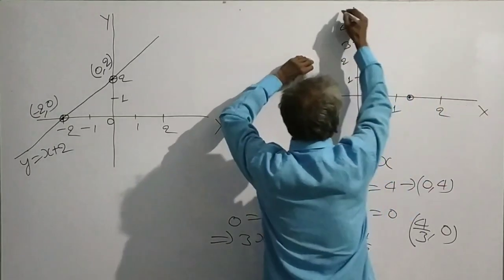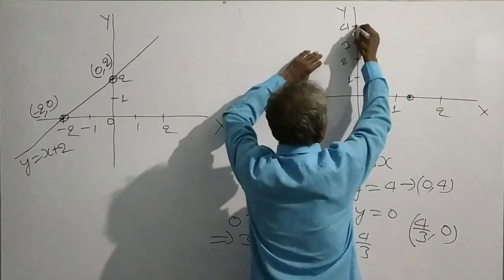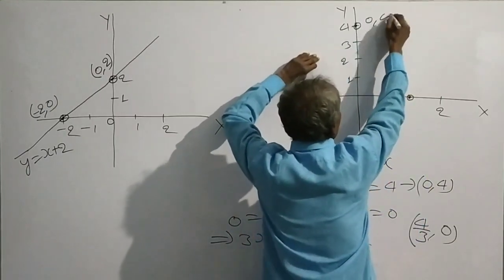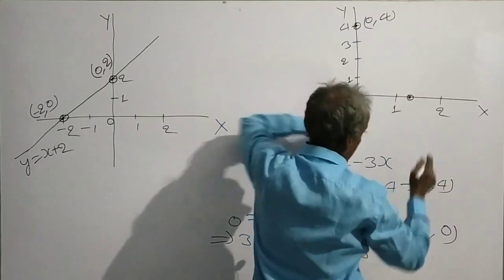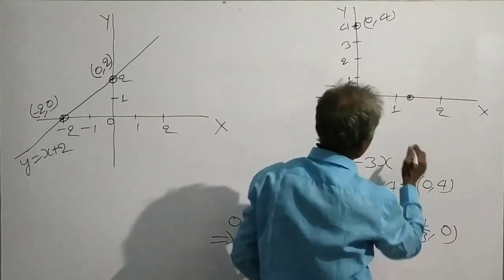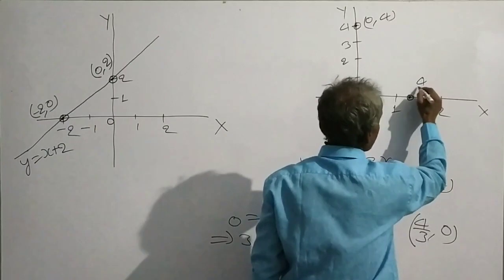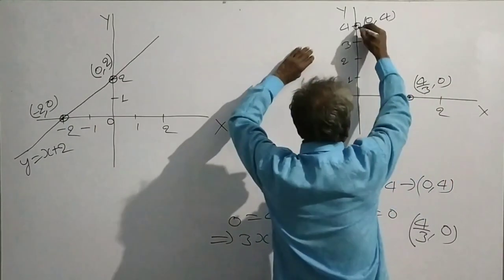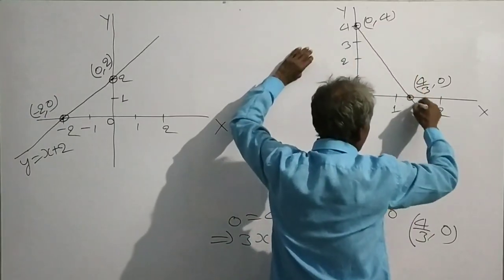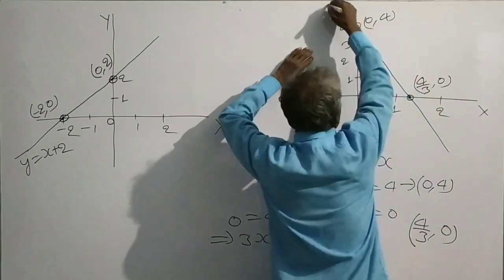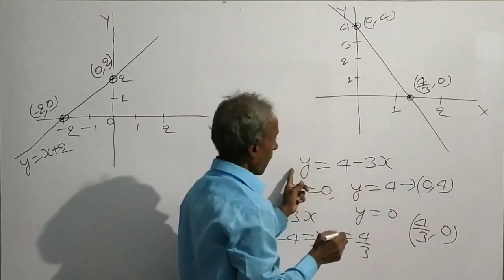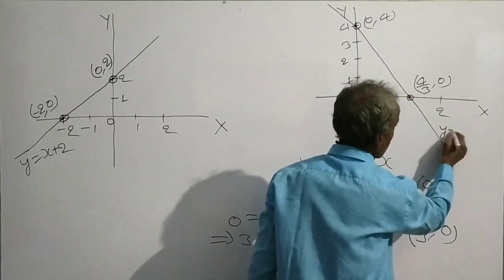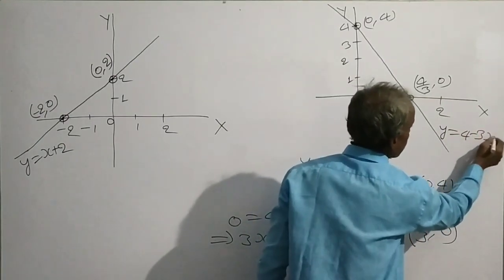This point will be 0, 4. And this point is 4 by 3, 0. Joining these 2 points, we get the straight line y is equal to 4 minus 3x.